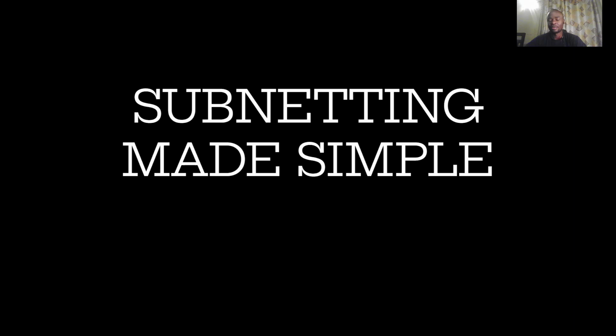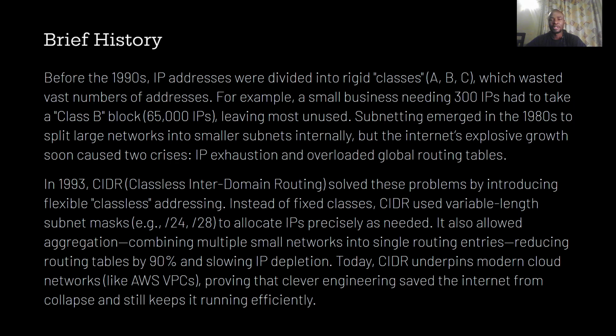So starting us off is a bit of history on how subnetting came along. Before the 1990s, IP addresses were divided into classes. So there was class A, class B, and class C. The problem here was that there was a waste in addresses.